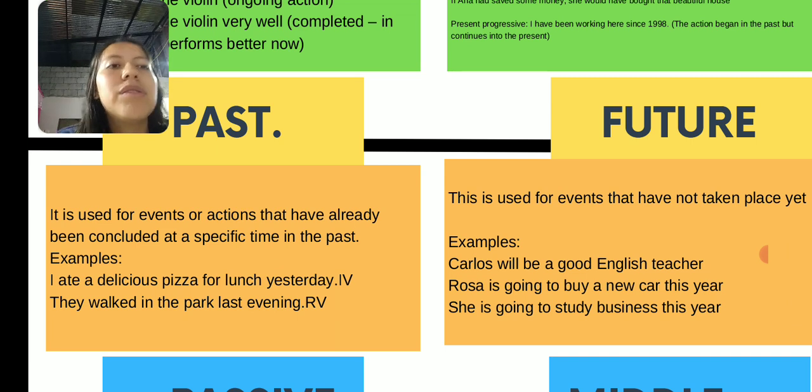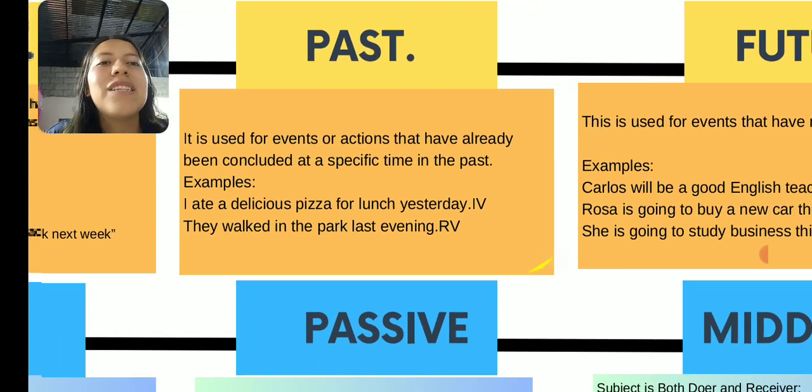Rosa is going to buy a new car this year. Or another example: she is going to study business this year, because she is not studying business yet, but she is going to study business this year. This is the future.